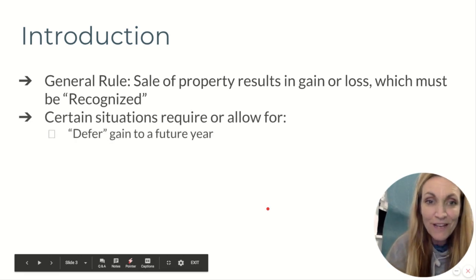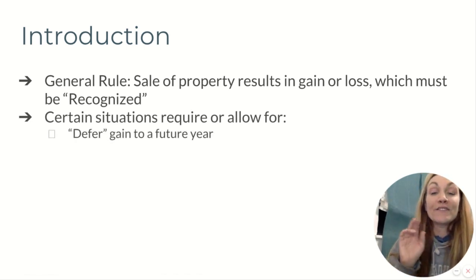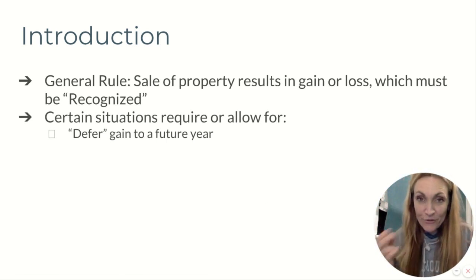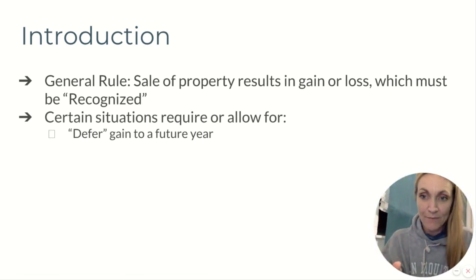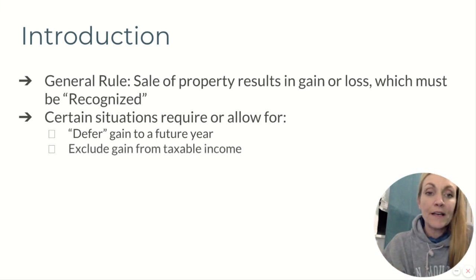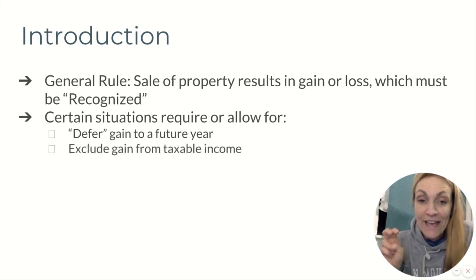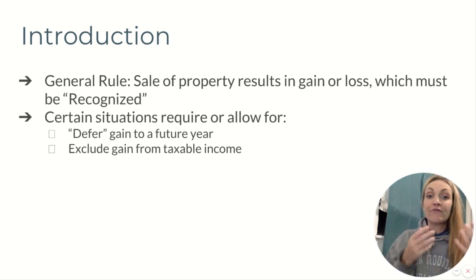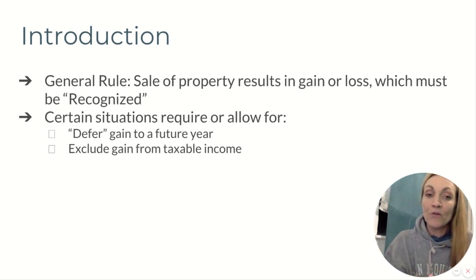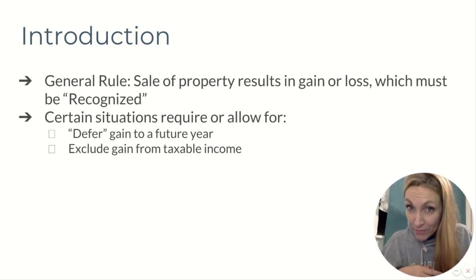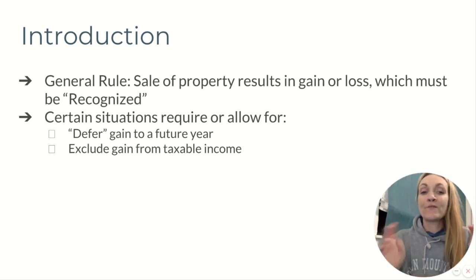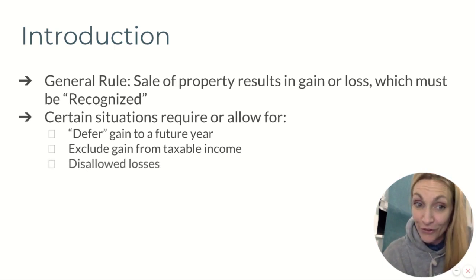So certain situations allow for us to defer gain to a future year, and we'll be using that term more in this chapter. And so that means when you defer a gain, you are excluding it from taxable income, but we don't refer to it as excluded because it will be taxed in the future. And that's why we use the term deferred.